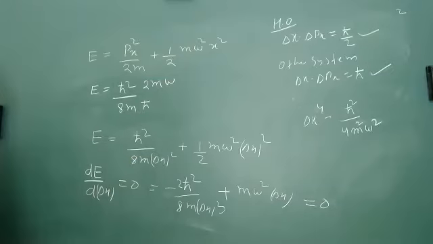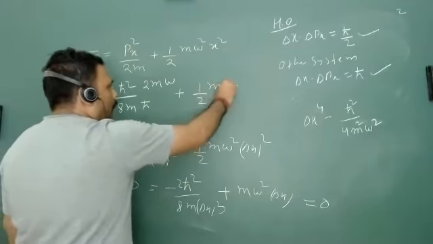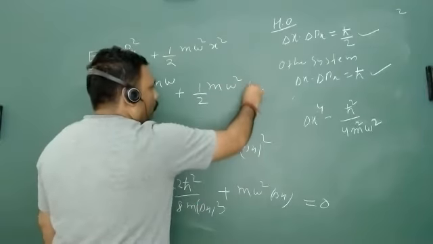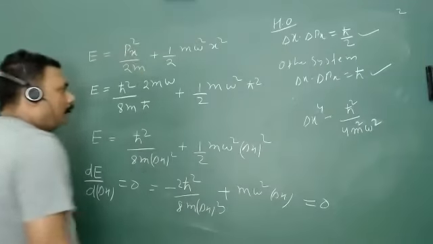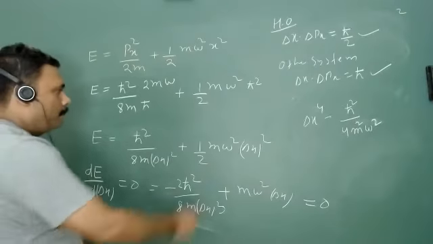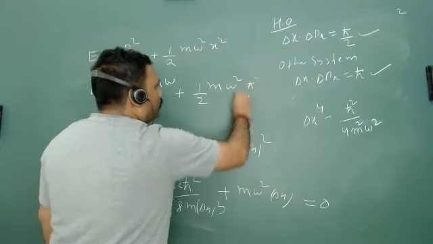Okay? So that will be half m omega square, and then you have again h cut upon 2m omega.